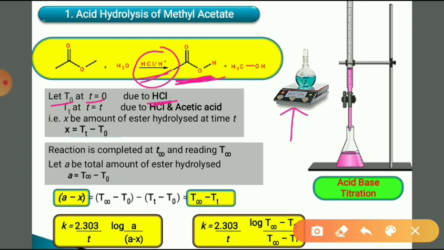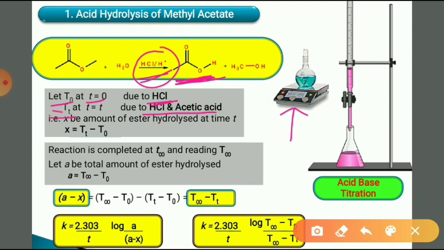After some time t, the titrating reading is due to the HCl present as catalyst in the reaction mixture and also the acetic acid which is produced, so the reading will be Tt.